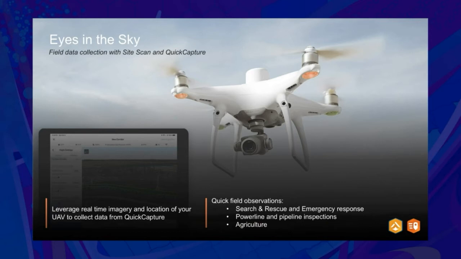Then you can instantly transmit this information to other teams in the field via ArcGIS Online or ArcGIS Enterprise. The benefit of such workflows is that information coming from the drone can be pushed straight into ArcGIS without having to wait for the drone to land. Web maps and dashboards can therefore be fed with near real-time information.